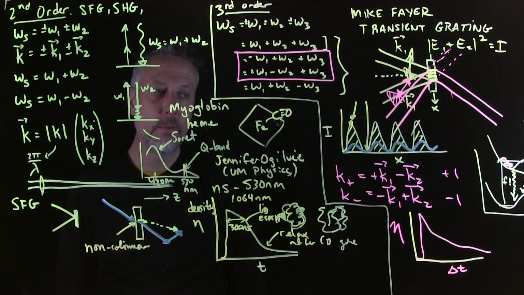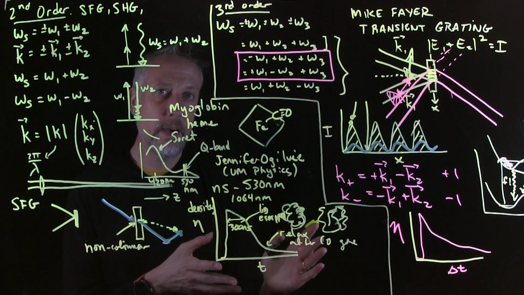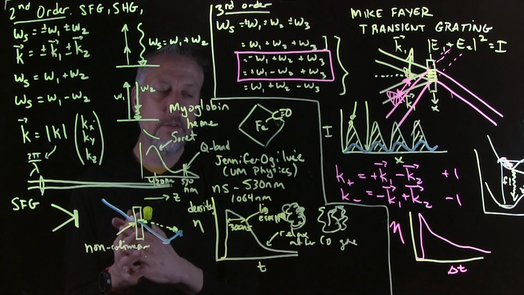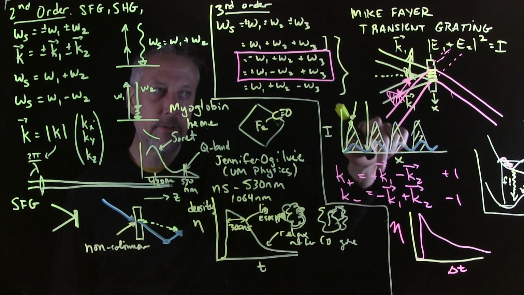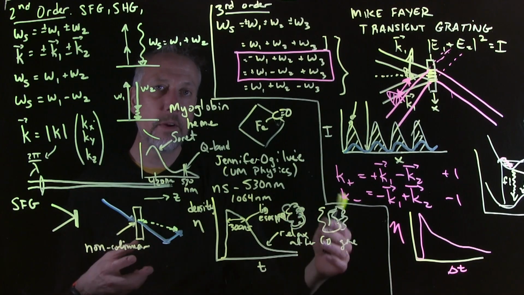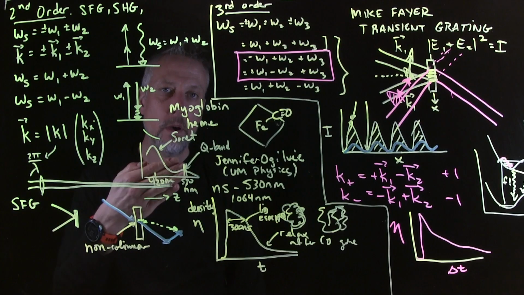All right, and that's a very important way of thinking about the relationship between the Liouville space pathways, how we generate signals, and also, for example, why a transient grating experiment, which has these diffraction gratings, and a pump-probe experiment, where you chop on and off a pump pulse, are related to each other.